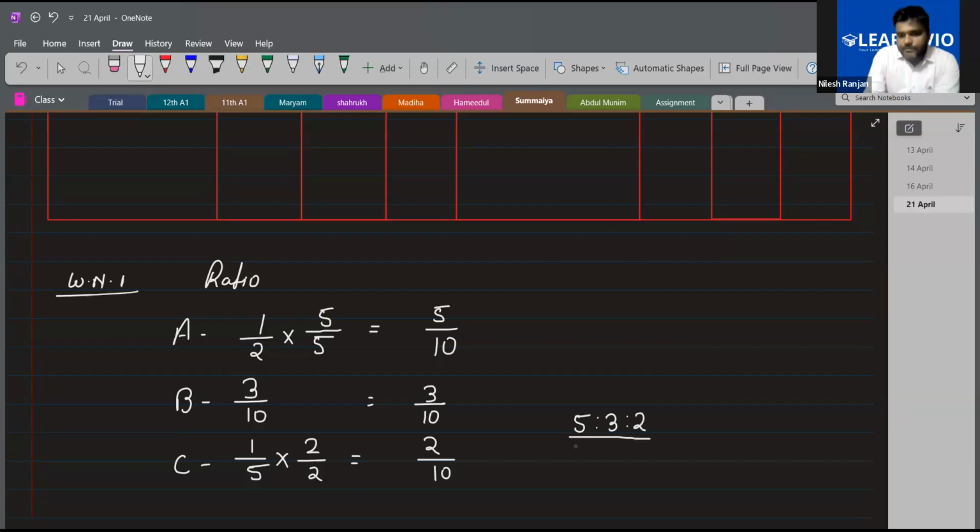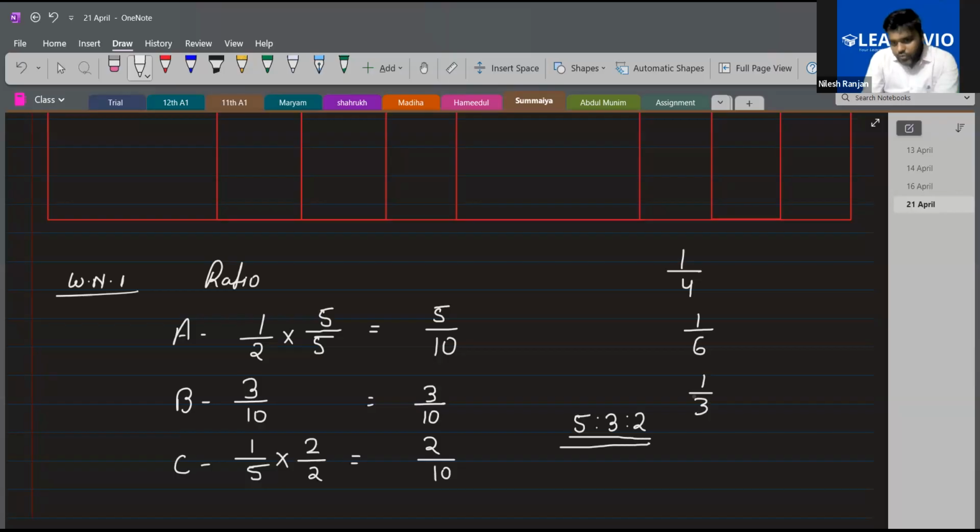Sometimes this is not the situation. You cannot get the same denominator by multiplying the number. Like, let me tell you, it is 1/4, and let's say 1/6, and 1/3.